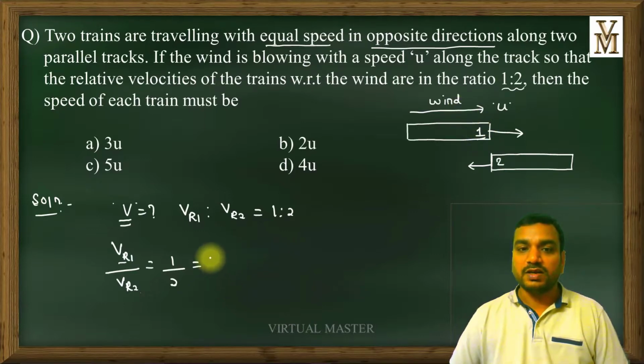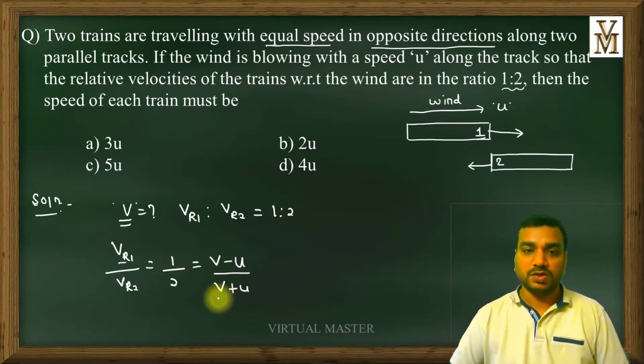So I can write V minus U, where V is the velocity of train 1 and U is the velocity of the wind. Similarly, VR2 will be equal to the relative velocity of train 2 with respect to the wind, and the wind and the train 2 are traveling in opposite directions, isn't it? So the relative velocity of the train 2 with respect to the wind will be equal to the sum of the velocity of train 2 plus velocity of wind, that is V plus U.